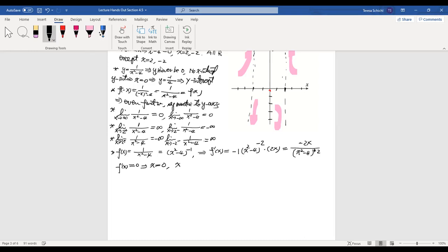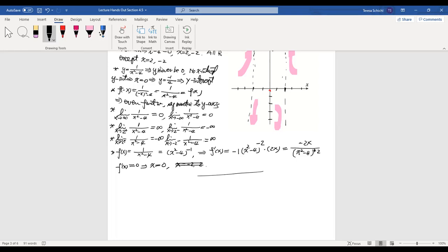We also said it's undefined at x equal to negative 2 and 2, but those two are not in my domain, so they are not critical points. The only critical point will be x equal to 0 here. Now we need to see where it's increasing and decreasing, so let's try to do this.